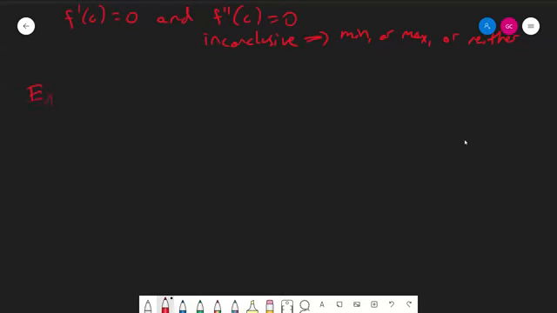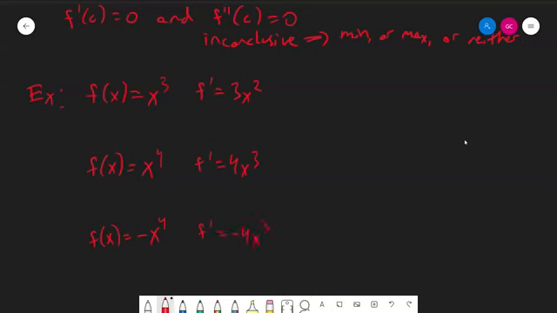So let's consider the following three functions. Say f of x equals x cubed, f of x equals x to the fourth, and f of x equals negative x to the fourth. So for all of these, if you wanted to find their critical points, you'd take their first derivatives. And in all of these cases, those derivatives have only a single critical point, which is at x equals 0.